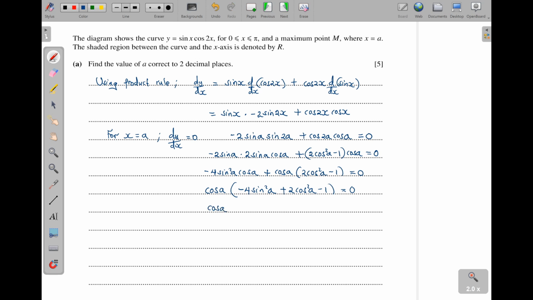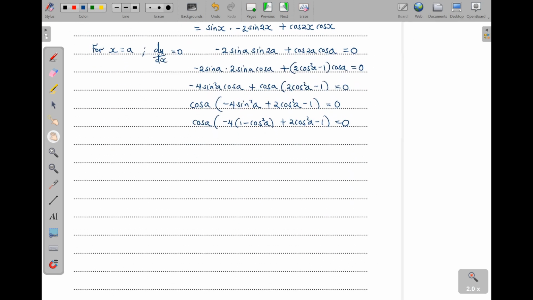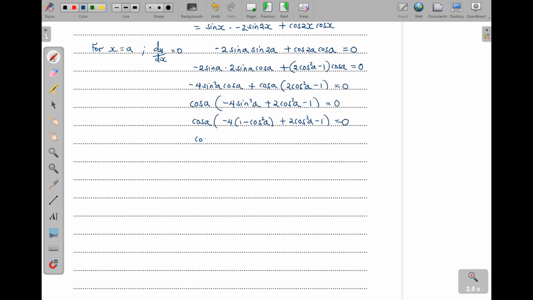Now cosine of a is going to be equal to, let me express this one in terms of cosine, negative 4 into 1 minus cosine squared of a, then plus 2 cos squared a minus 1, which is equal to 0. Then this will be negative 4, then a positive 4.